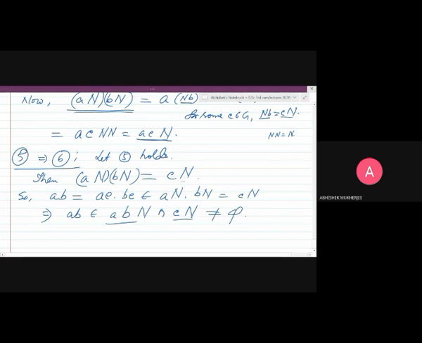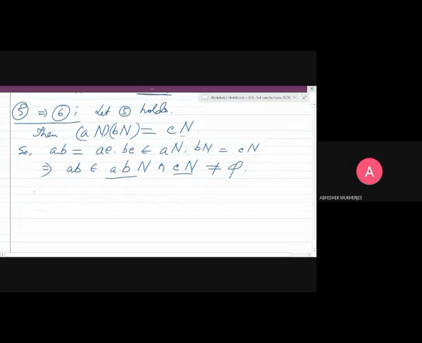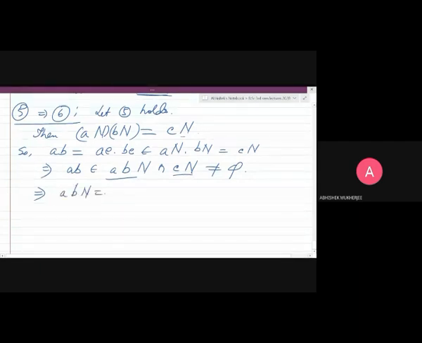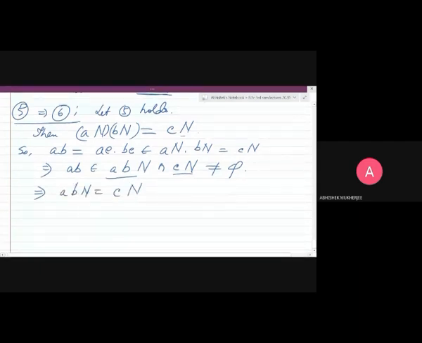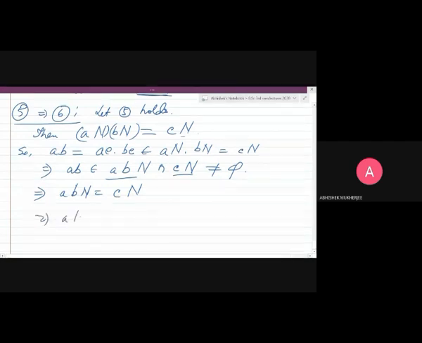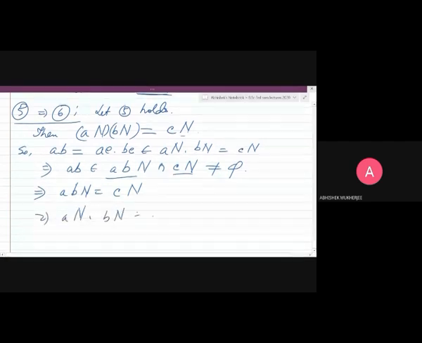That means if their intersection is not equal to phi, then they are identical. So here ABN and CN are not disjoint because they have some common element. So for that reason, these two equivalence classes will be equal. And this proves that AN BN is going to be ABN. Okay.